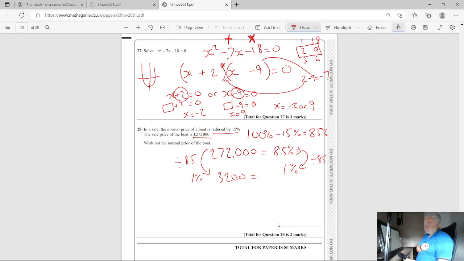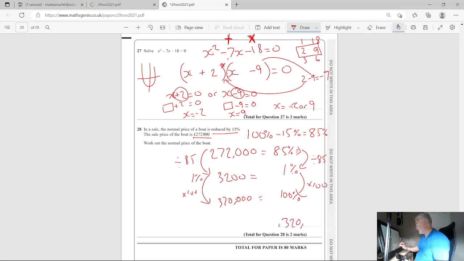Okay, is 1%. So what would 100% be? Go from there and multiply it by 100. Gives me the start price, the total price, 100%. So times that by 100. £3,200 times by 100 gives me £320,000. And that's my answer.